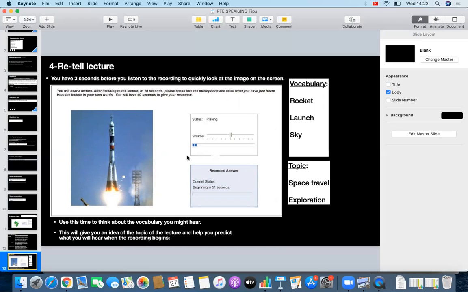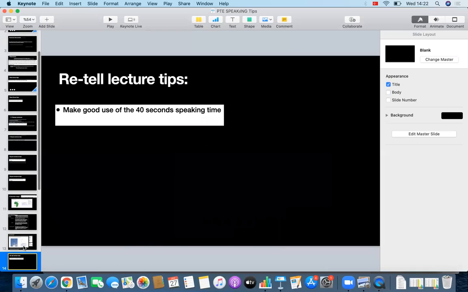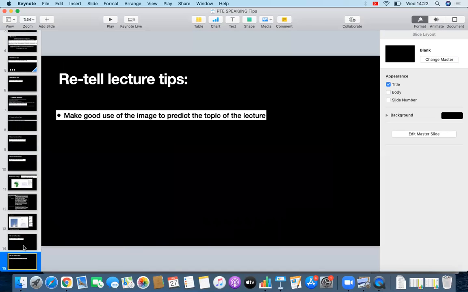This will give you an idea of the topic of the lecture and help you predict what you will hear when the recording begins. There are some tips for the retell lecture. Make good use of 40 seconds speaking time. Make good use of the image to predict the topic of the lecture.